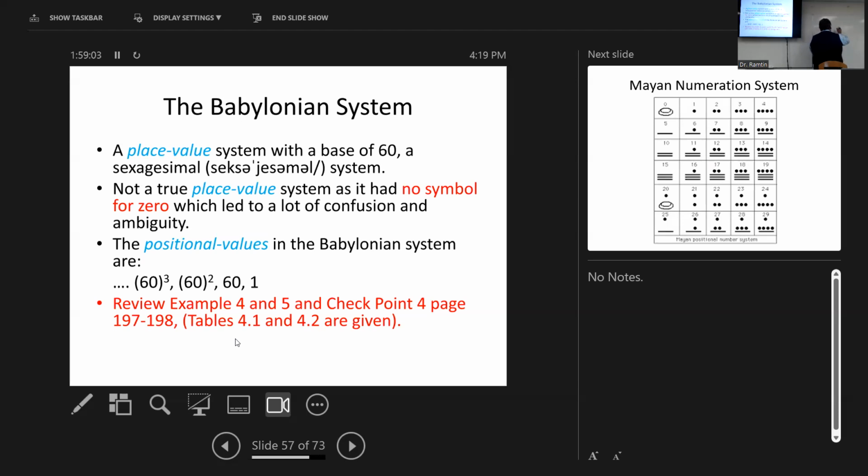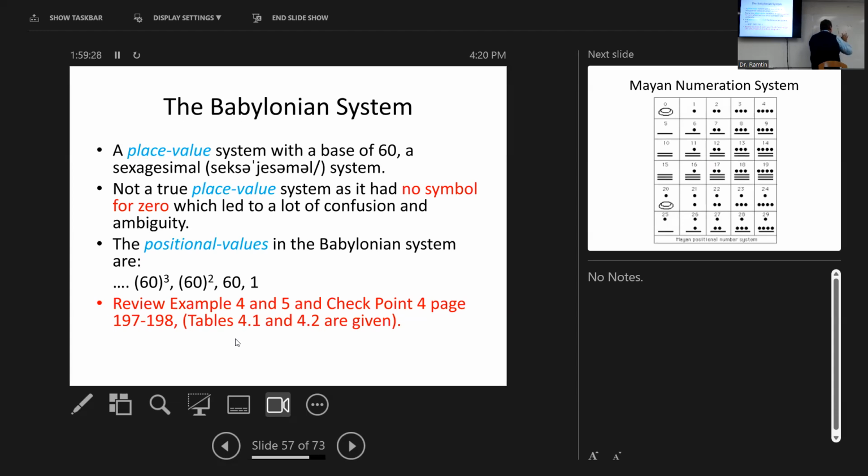Then a symbol like this, and a symbol like this. Now we look at that table: this one is 1, and the other symbol is 10.